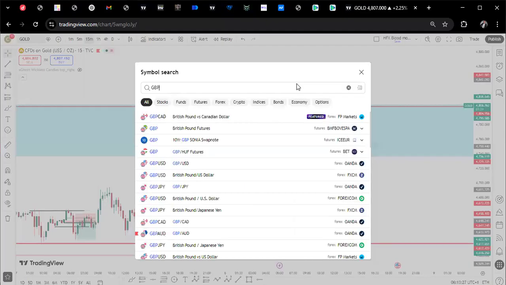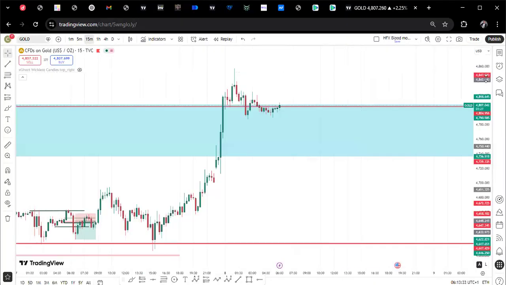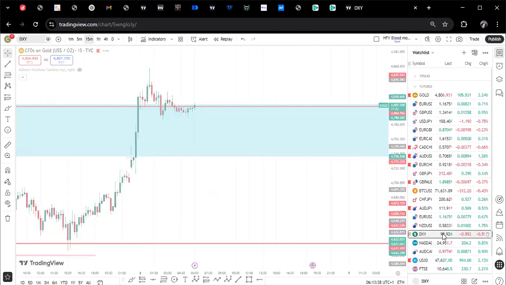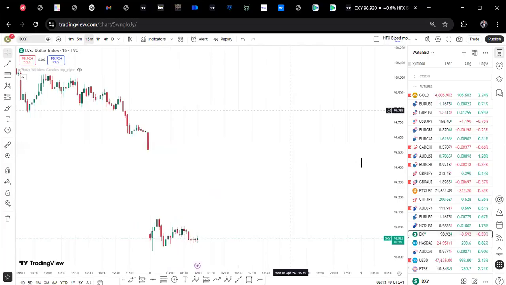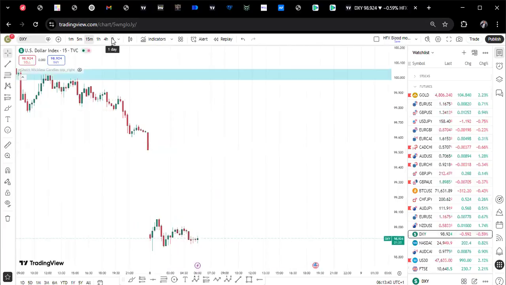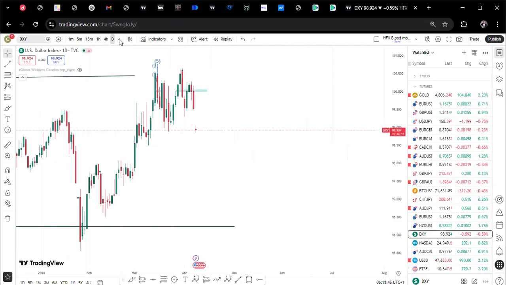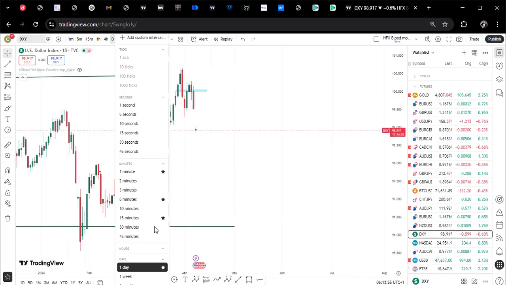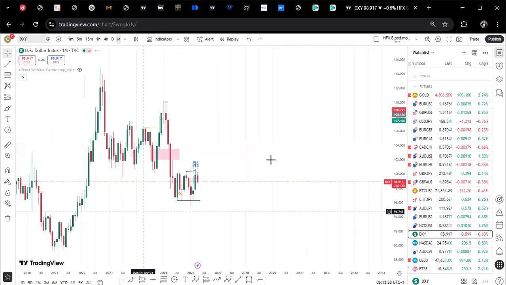Time frame is important because whatever you're looking at depends on the time frame. Let's say this is the daily time frame. This is a monthly time frame, all right? So every candle here is one month.